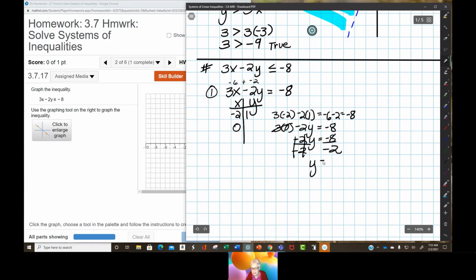So y equals negative 8 divided by negative 2, which is positive 4. Notice I'm allowed to choose one number, but the other number I have to calculate in. It can't just be 2 totally wild numbers. It can be one totally wild number.